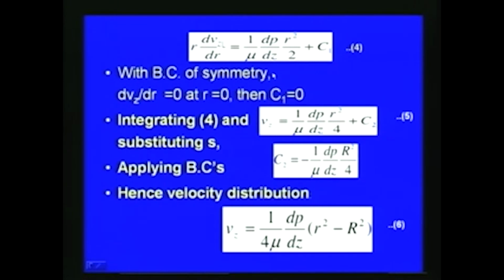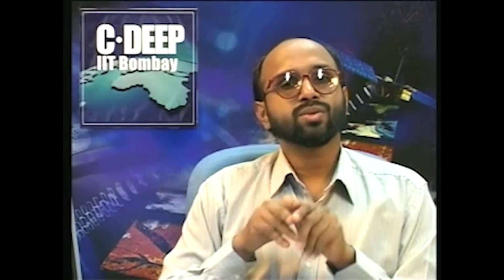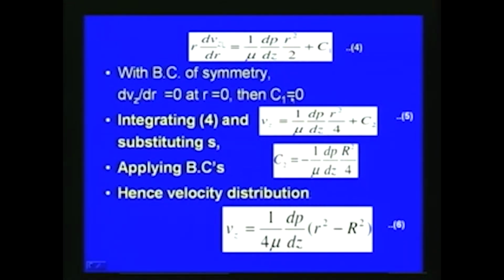Now we have the boundary conditions, so we can find the constant of integration. At the center line the velocity is maximum, so dVz/dr is equal to 0 at r is equal to 0. From equation number 4 we get C1 is equal to 0.